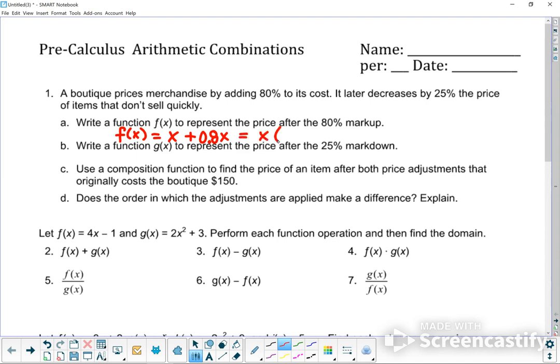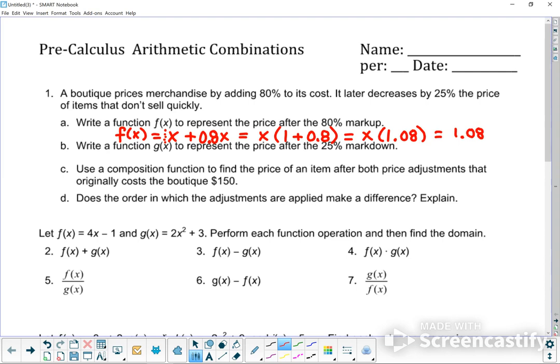x parentheses, and you factor x out of this term, you get 1 plus, and you factor x out of this term, it's 0.8. So in actuality, your new function will be x times, because you can now add those together, which is 1.8.